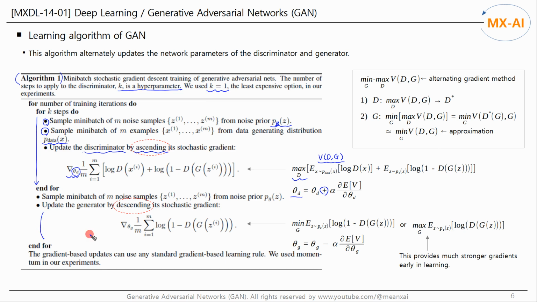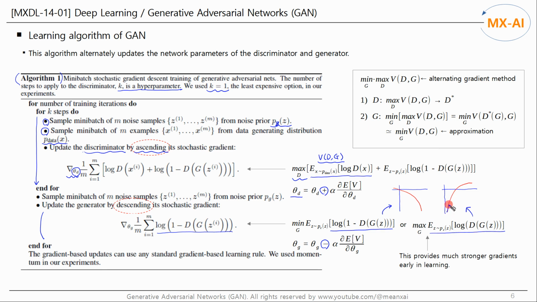Next, we update theta G once using gradient descent. Since the first term of the loss function is independent of G, we use the gradient of the second term. Minimizing this term is equivalent to maximizing this term.